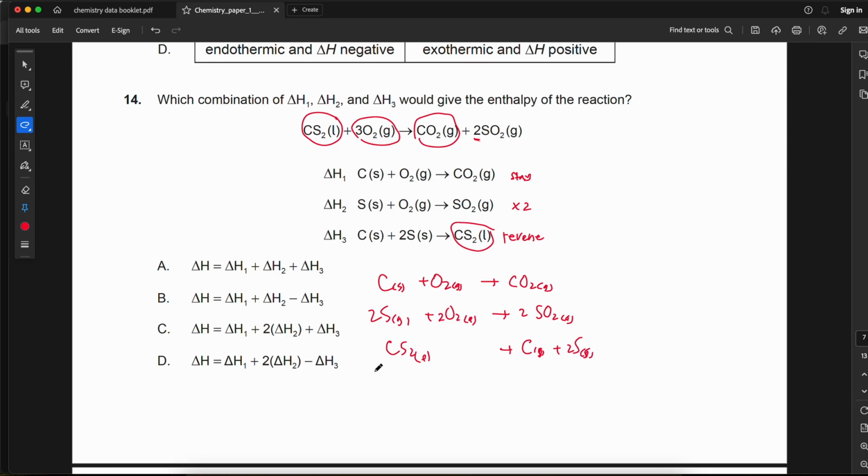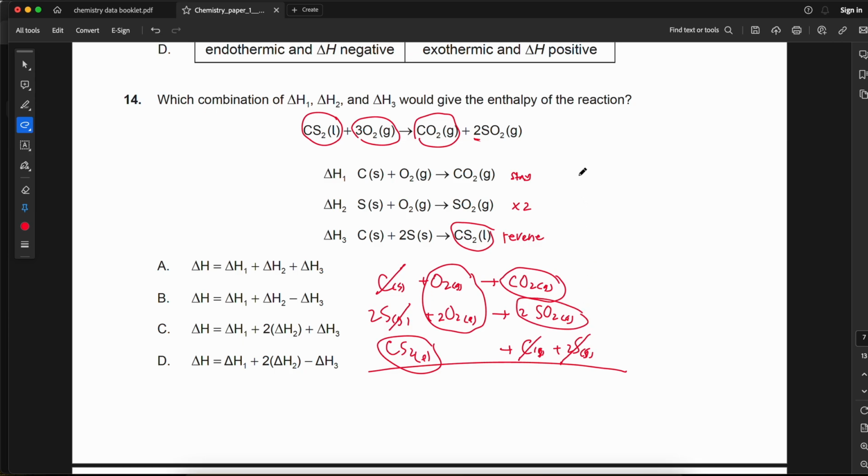So that would be 3O2 here, we need it, and C, we don't need it, and CO2, we need it, and S, we don't need it, and CS2, we need it, and 2SO2, we need it.